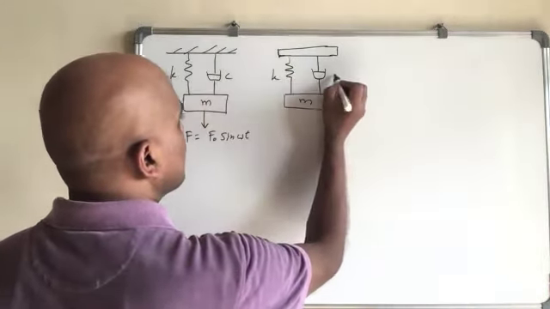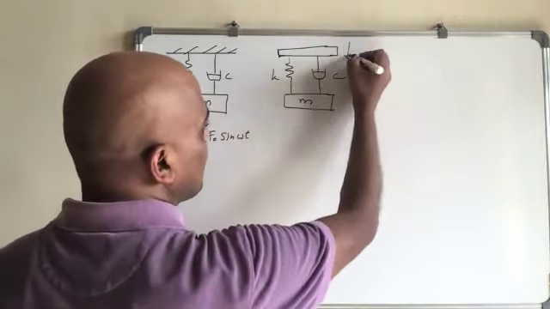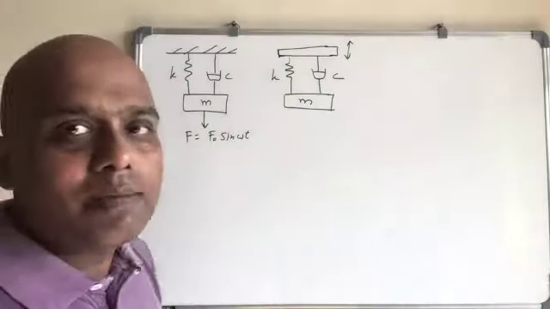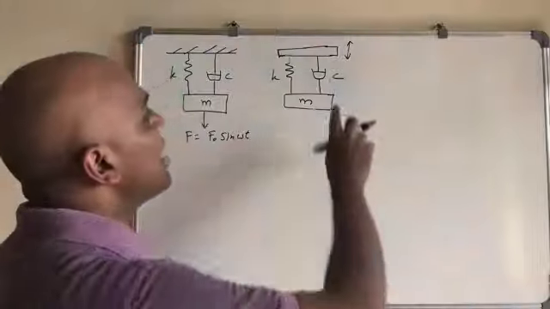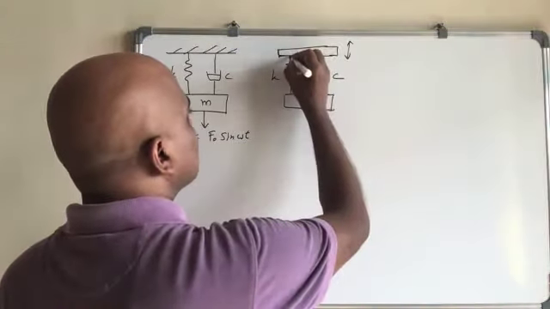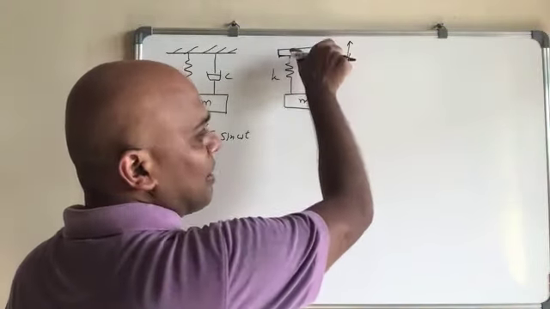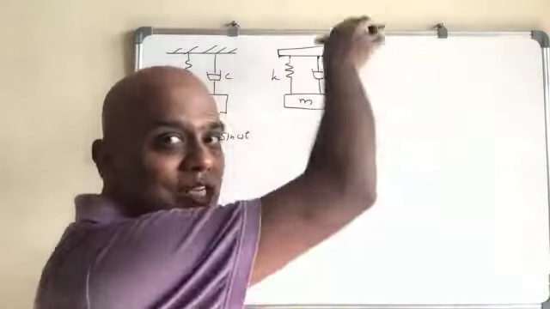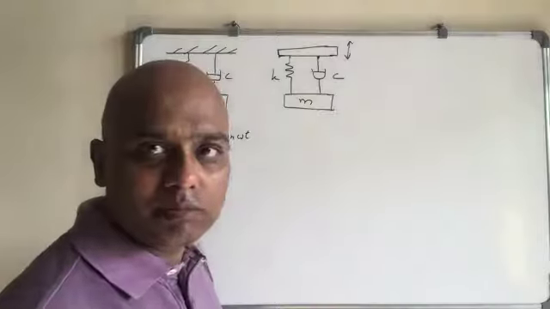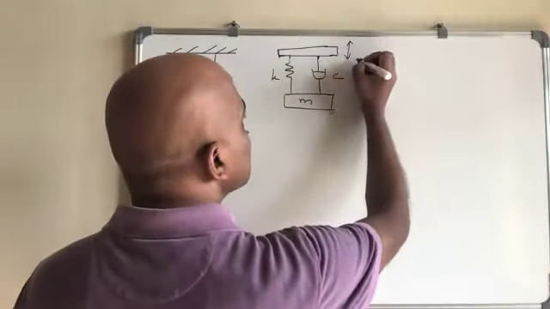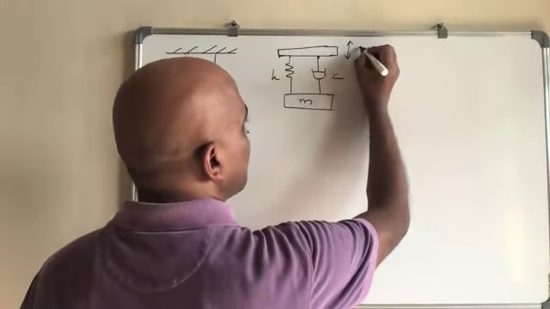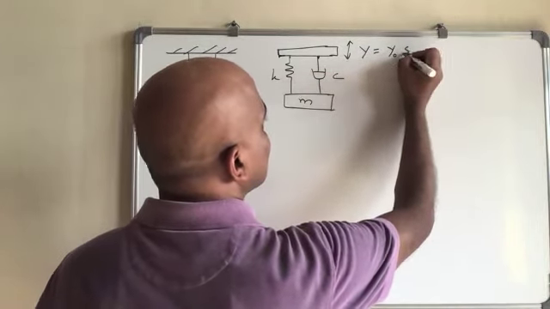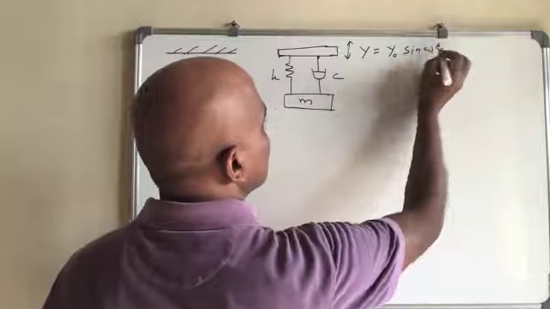So this is k, c, m, but in the setup, instead of giving a force here in your lab, the point where it is fixed itself is moving up and down. Let us say this is moving up and down, and let's call it y equal to y naught sine omega t.